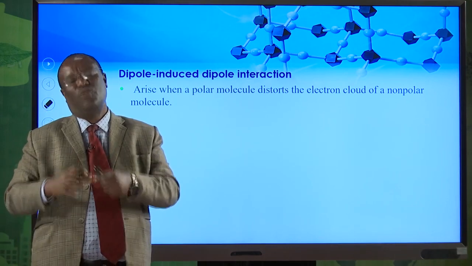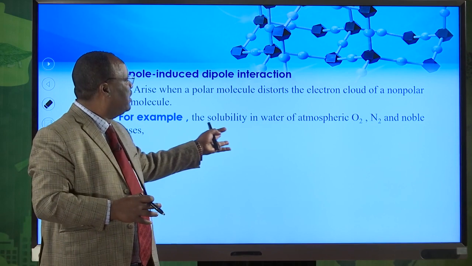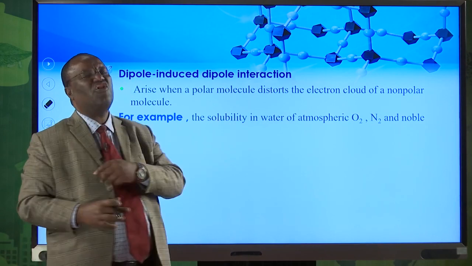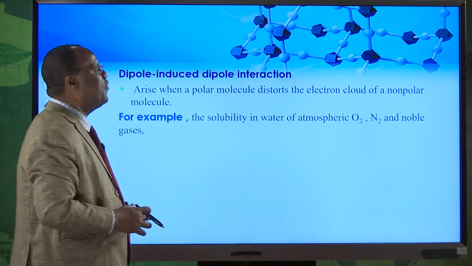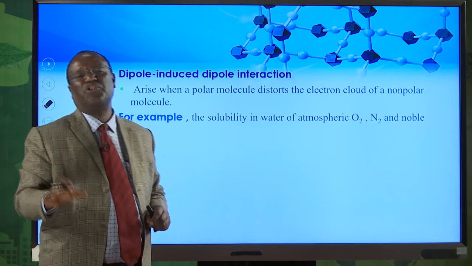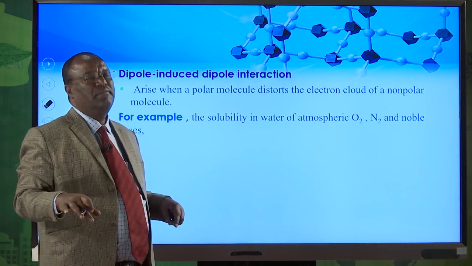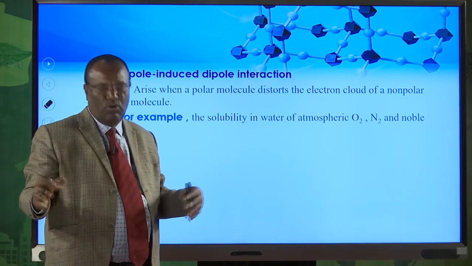How are non-polar molecules attracted by the polar molecule? For example, the solubility in water of atmospheric oxygen, nitrogen, and noble gases. How does oxygen dissolve in water? How does nitrogen dissolve in water? Because oxygen is non-polar and water is polar.